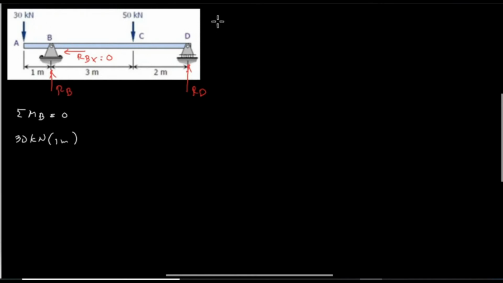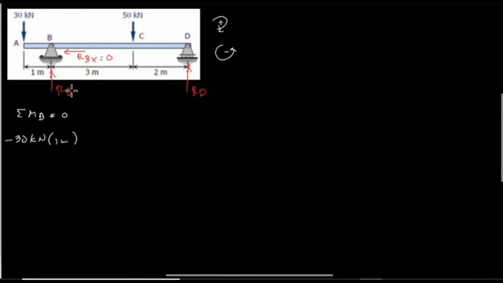For clockwise, the sign is always positive, while for counterclockwise, the sign is always negative. And from A going to B, the direction of 30 kN is counterclockwise, so therefore it is a negative sign.